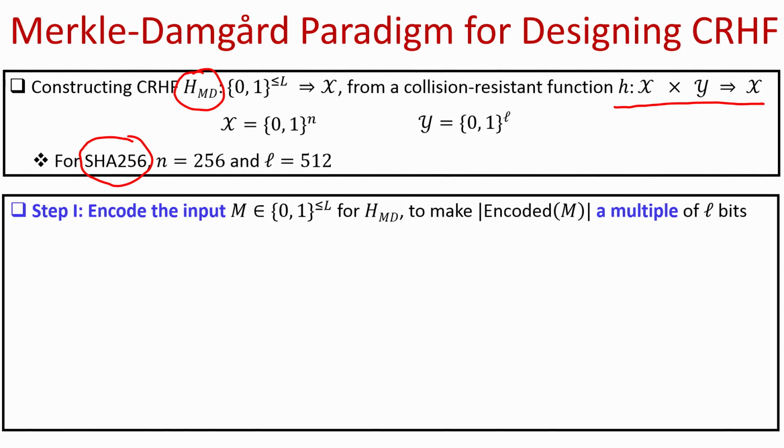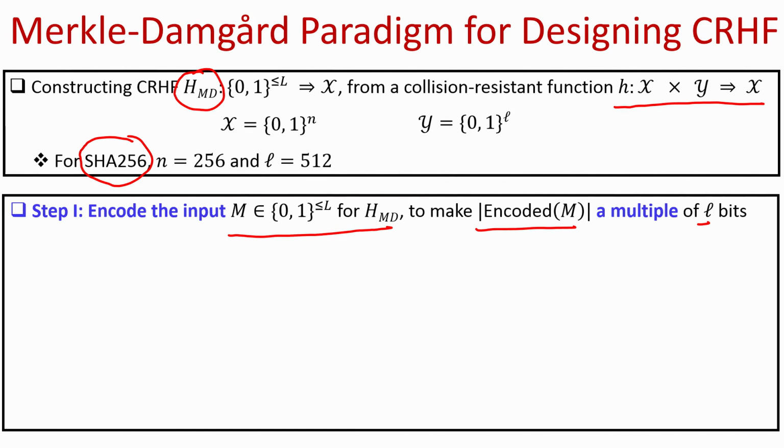So, the first thing that we do while applying the Merkle-Damgard paradigm is that we take the input big M for the hash function big H which we are interested to construct, and this input big M is a binary string of length up to big L bits. We apply some encoding function here, and the encoding is done to ensure that the encoded input is a multiple of little l bits.